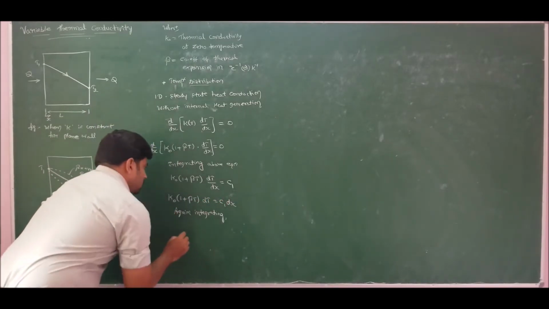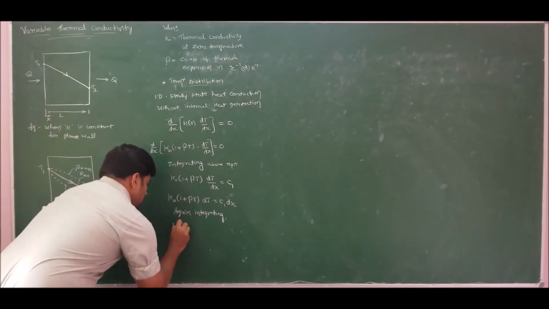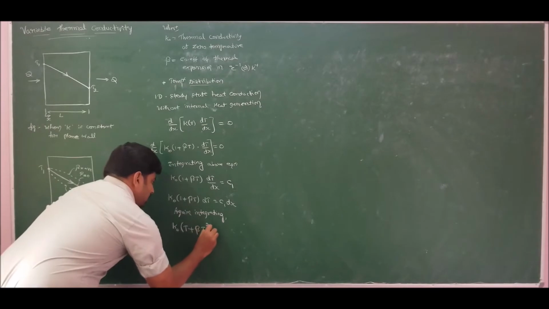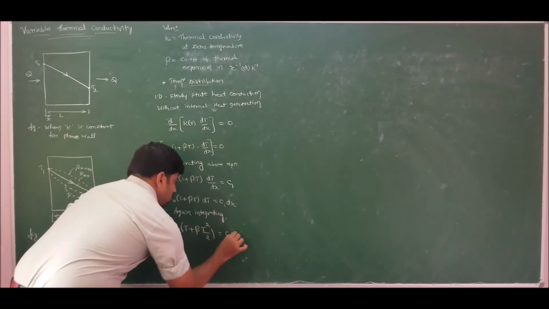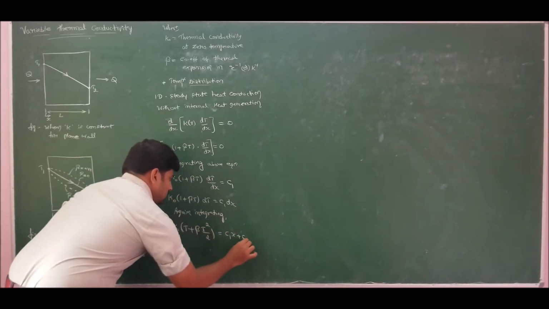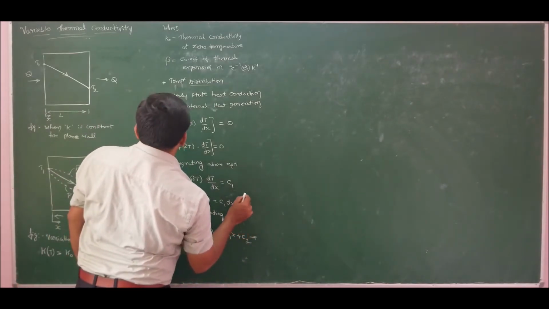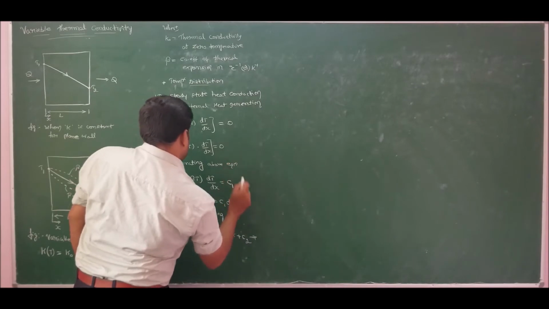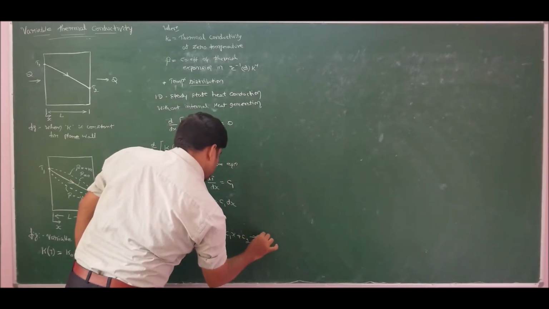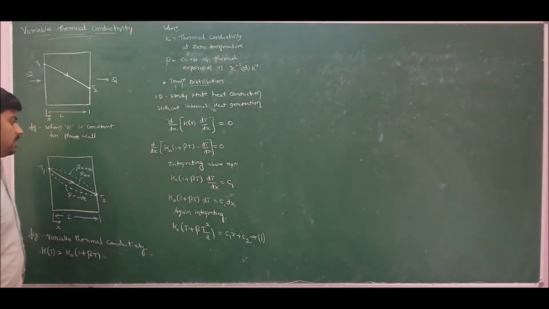Again integrating, you will get K naught of T plus beta T square by 2 equal to c1 x plus c2. Let us take this as equation number 1.